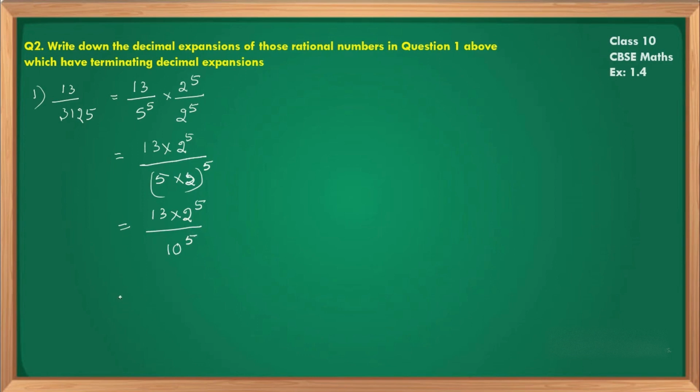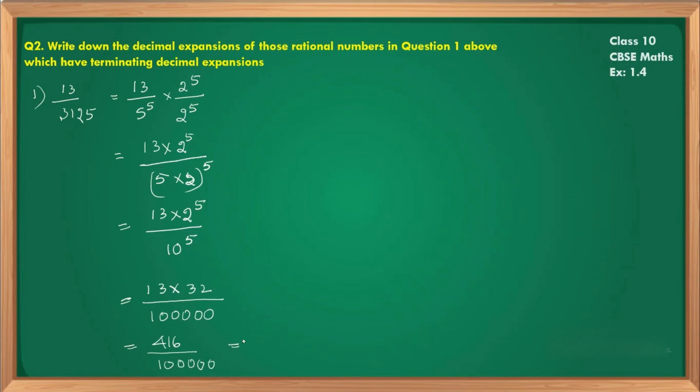When you multiply 13 into 2 to the power 5, which is 32, you get upon 1 followed by 5 zeros. The next step is multiplication of 13 and 32, which gives you 416 divided by 1 followed by 5 zeros.